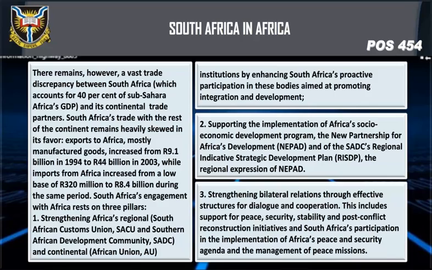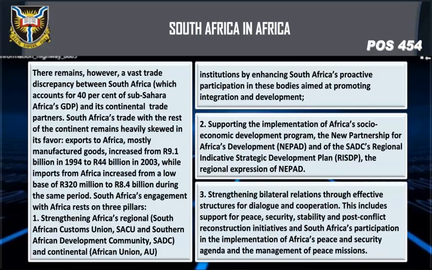South Africa's engagement with Africa rests on 3 pillars: strengthening Africa's regional, South African Customs Union (SACU) and Southern African Development Community (SADC) and Continental African Union (AU) institutions by enhancing South Africa's proactive participation in these bodies aimed at promoting integration and development, supporting the implementation of Africa's Socio-Economic Development Programme, the New Partnership for Africa's Development (NEPAD), and of the SADC's Regional Indicative Strategic Development Plan (RISDP), the regional expression of NEPAD.